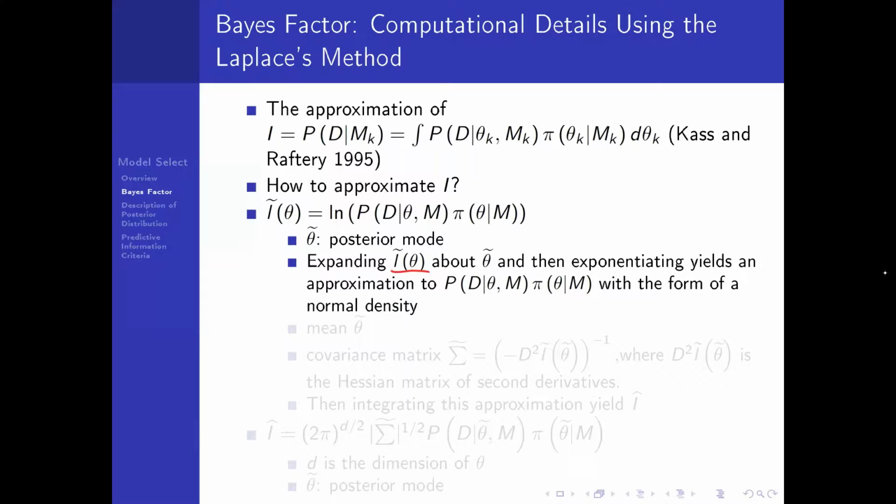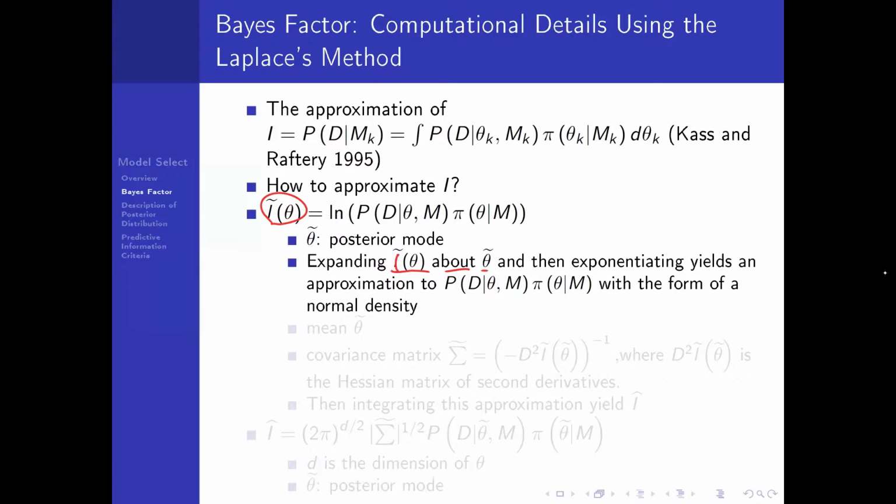And next, what we're going to do is expand this log of the product, that is L tilde, about theta tilde. We can do, for example, a Taylor series expansion. We expand this function L tilde about theta tilde.